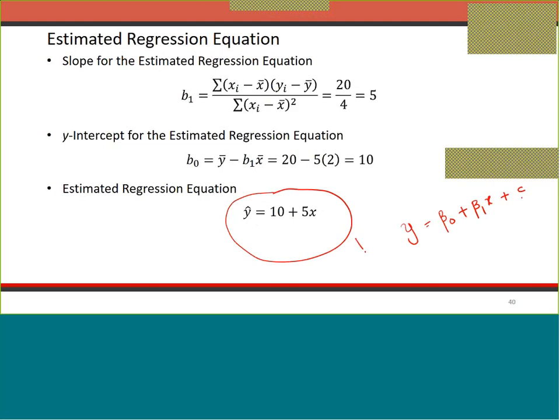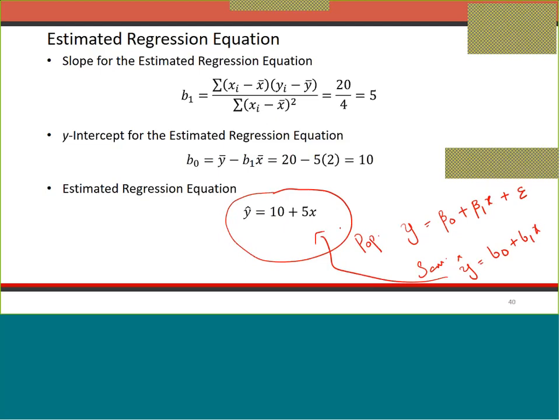This is for the population. But we cannot do it for the population, so we did it for a sample. So that is y hat equal to b naught plus b1 x. So this is the estimated regression equation.